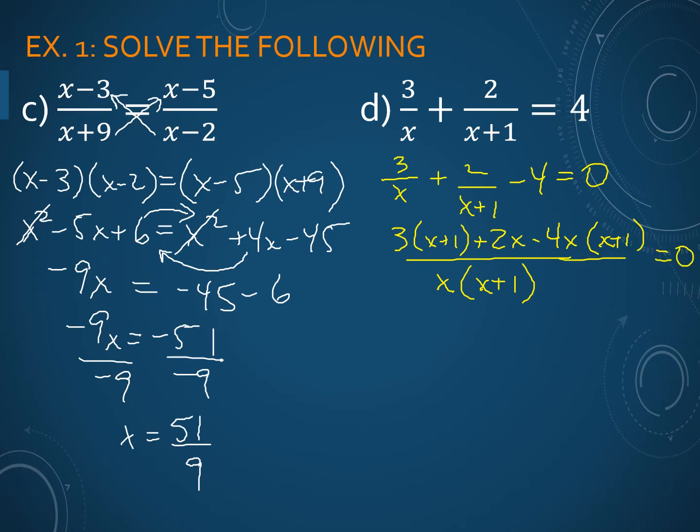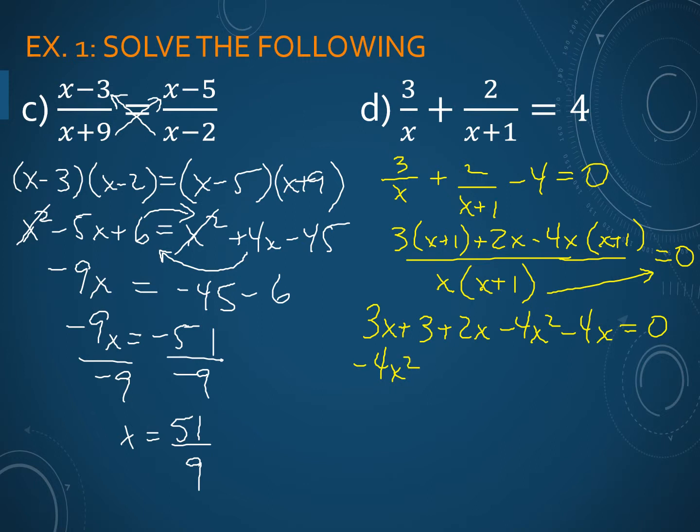At this point, you can think of cross multiplying, going to be equal to 0, or just remember it's when the numerator equals 0. So if we do distributive property, 3x plus 3 plus 2x minus 4x squared minus 4x equals 0. Collect like terms.